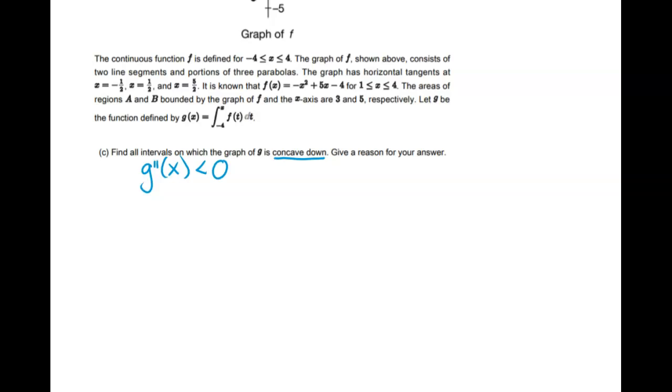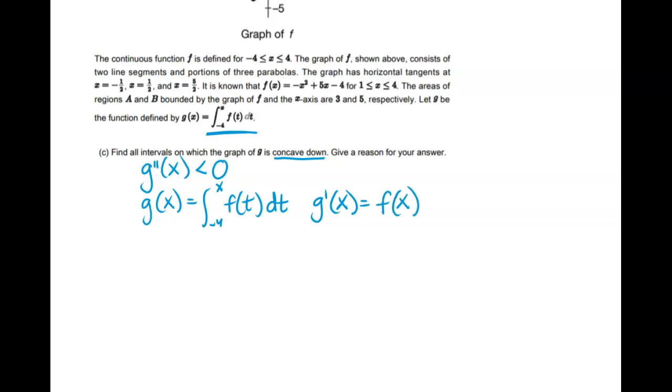So we know g of x is this integral. We found in the previous part that g prime of x was f of x. And if that's true, then g double prime of x must be f prime of x.